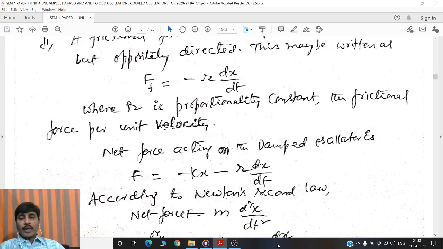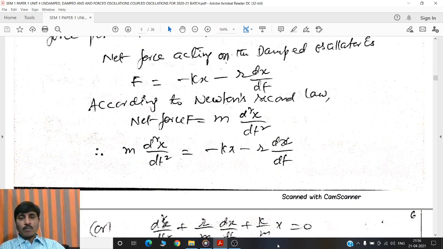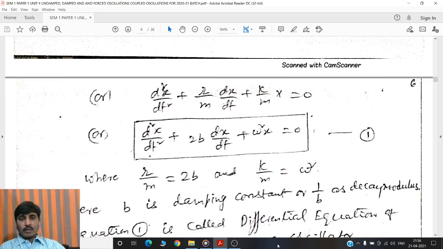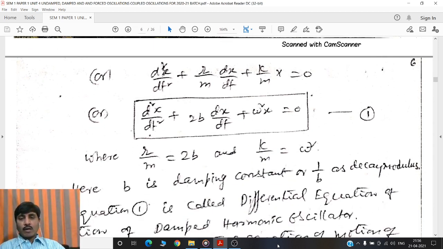The net force acting on the damped oscillator is F equals minus kx minus r into dx by dt. According to Newton's second law, the net force F is equal to mass into acceleration, that is m into d square x by dt square. Therefore, m d square x by dt square equals minus kx minus r dx by dt, or d square x by dt square plus r by m into dx by dt plus k by m into x equals 0. Here we put r by m equals 2b and k by m equals omega square.